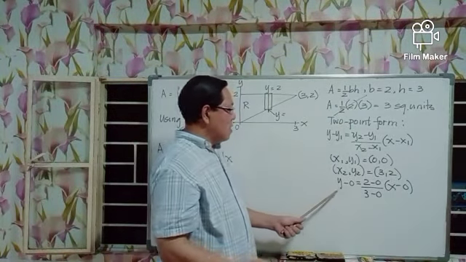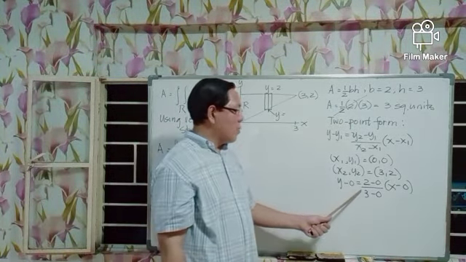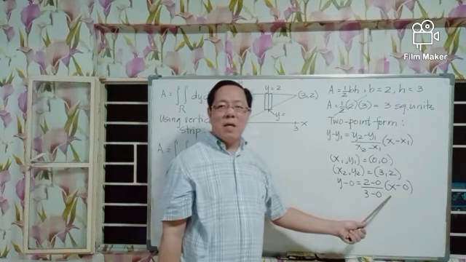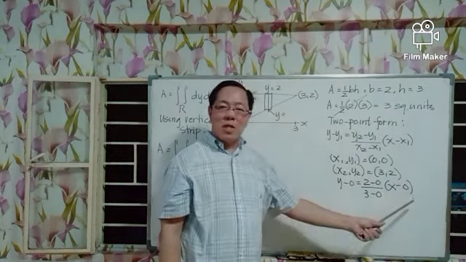We simplify: y minus 0 is y, equals 2/3 multiplied by x minus 0, which is x.